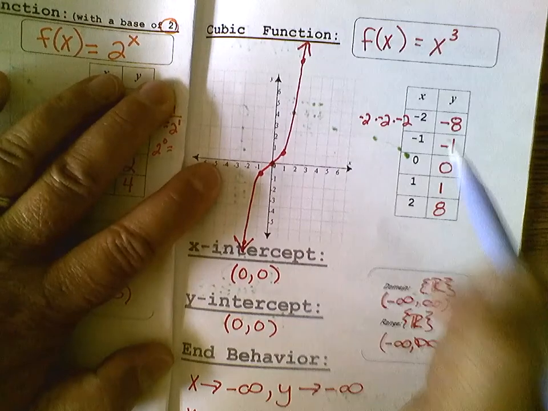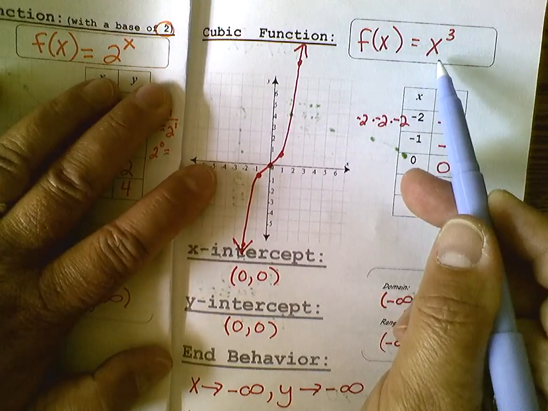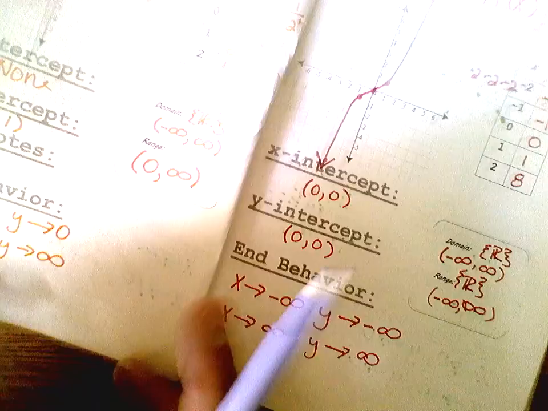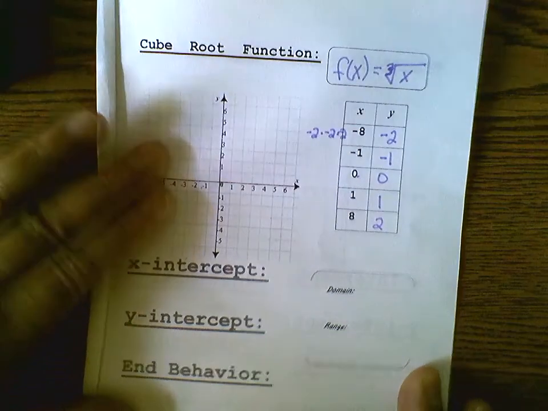Sorry for the blurry picture, but if you notice, this is the cubic function, and the cube root function is just the reverse, the inverse, the flip-flop of that one. So, back on track.